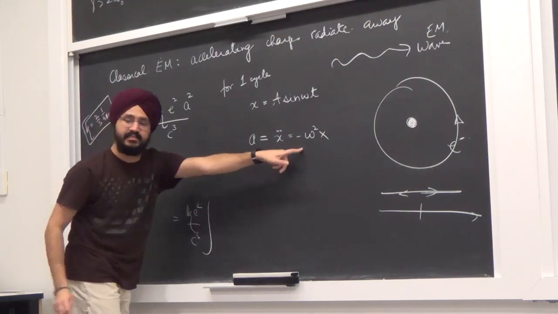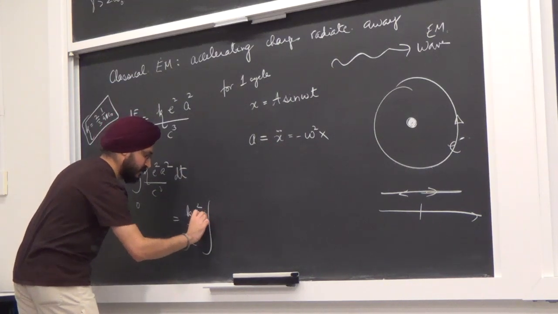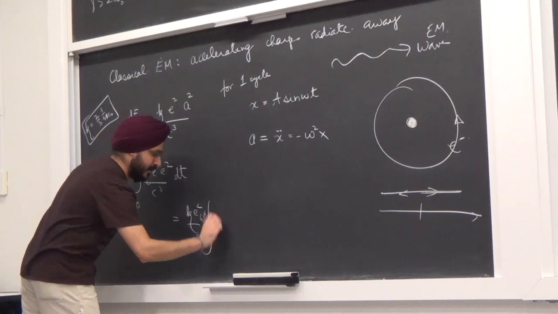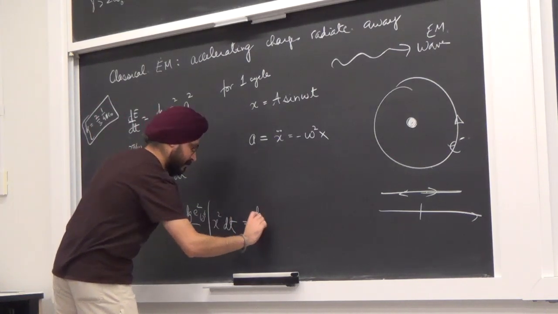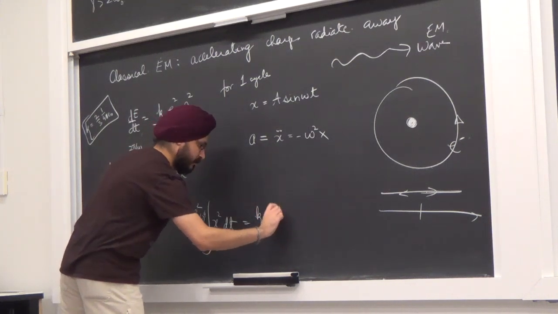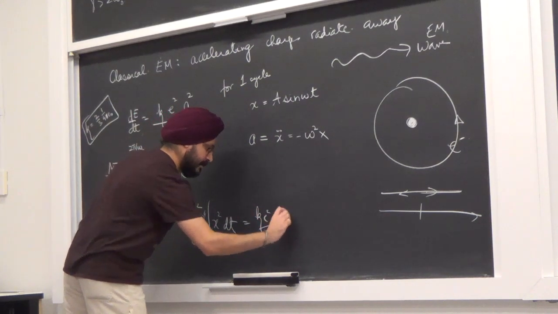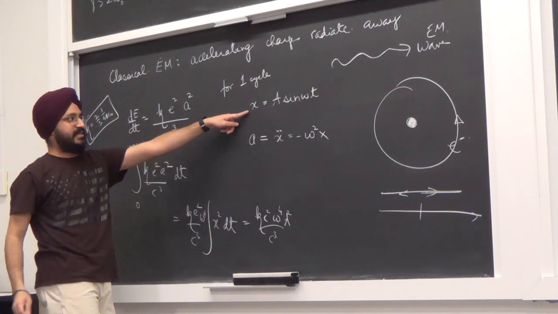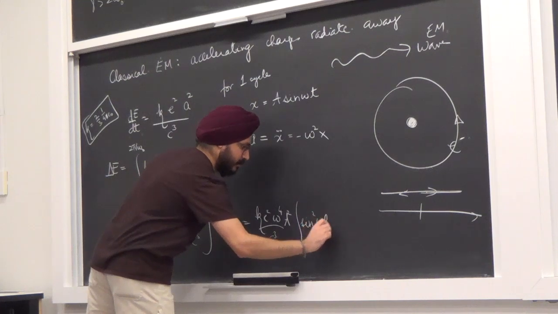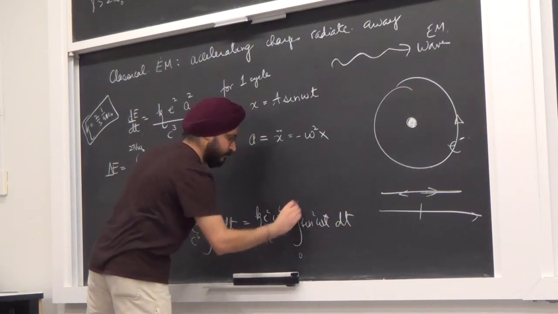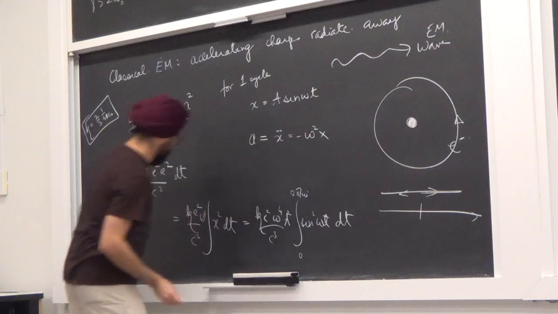A squared is omega to the 4th times x squared, which is again a constant that comes out. This is kappa e squared omega to the 4th over c cubed, times A squared from the expression for x, times sine squared omega t dt from 0 to 2 pi over omega.